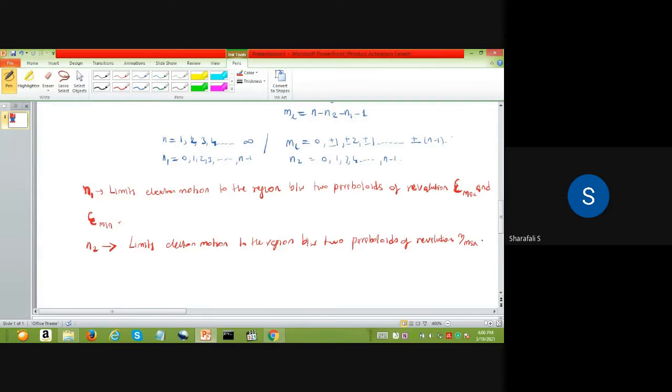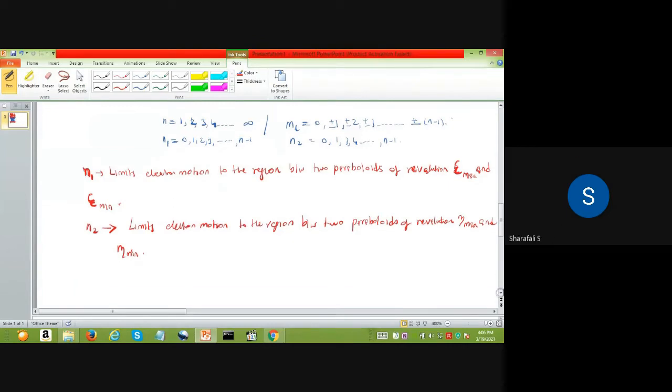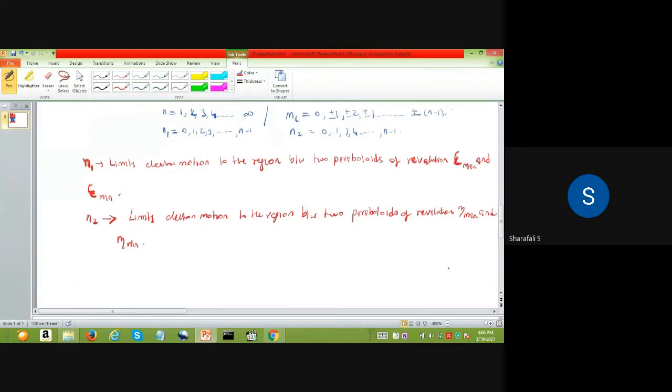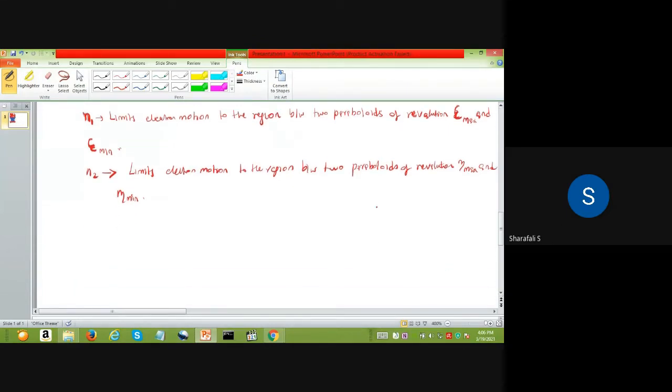You can write it in your own way. So n2 limits the electron on the other area, the other part of the paraboloid.